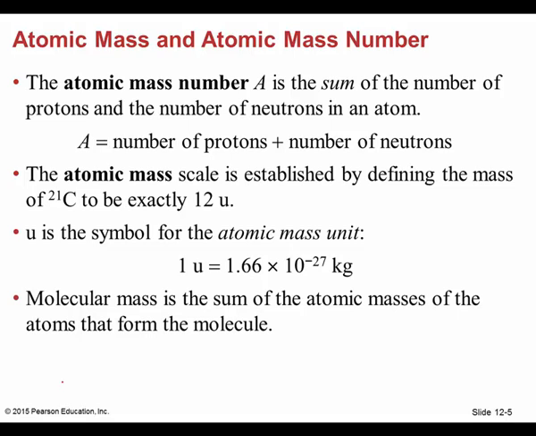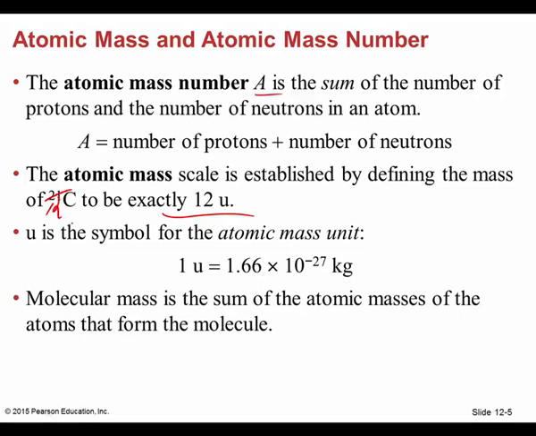Now when we look at objects, materials, and in particular the periodic chart of the elements, we need to understand something. We talk about atomic mass and atomic mass number. The atomic mass, and again this is a review from chemistry, is the sum of all your protons and neutrons in an atom. We call that the A number. And of course atomic mass is established on the carbon-12 isotope, and that's a misprint.